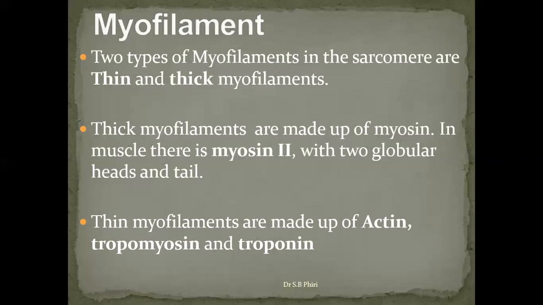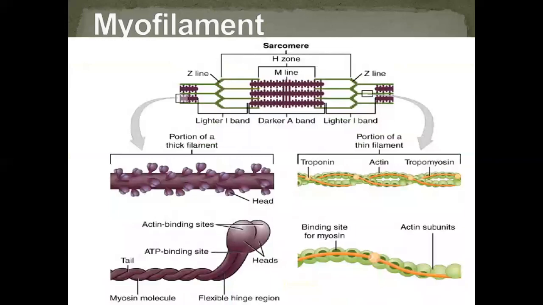Then the troponin is the major regulatory protein because it's the one that will cause the tropomyosin to move away from the binding site so that the binding site is exposed to bring about interaction between actin and myosin. So these are referred to as thin filaments: actin, tropomyosin, and troponin complex.